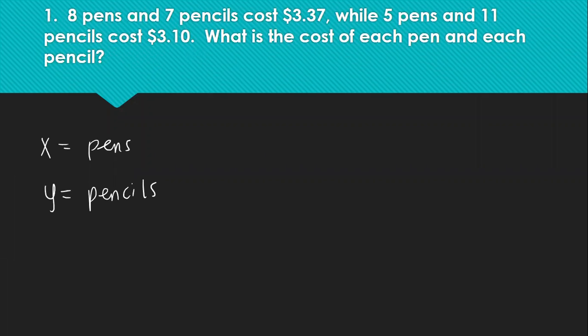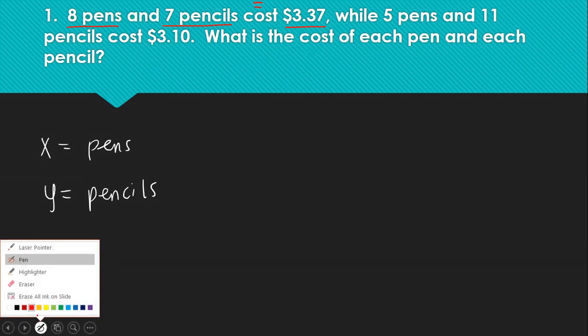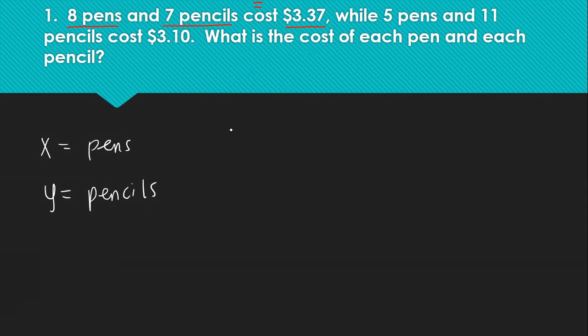Okay, so from there, in the first sentence, I know that there are 8 pens, 7 pencils, and cost means they equal $3.37, right? So my first equation is 8x plus 7y equals $3.37.